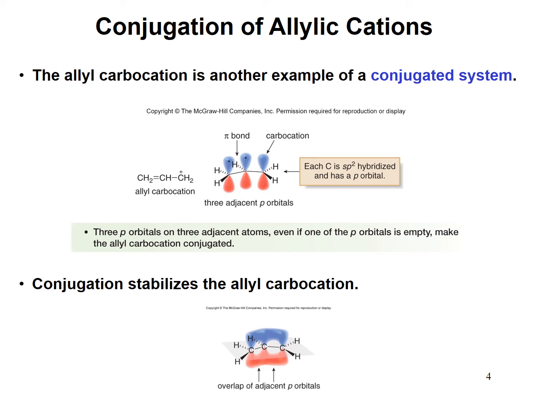This conjugation, and the ability to undergo delocalization, allows us to lower the energy of that carbocation. So allylic carbocations are going to be lower in energy than isolated carbocations.